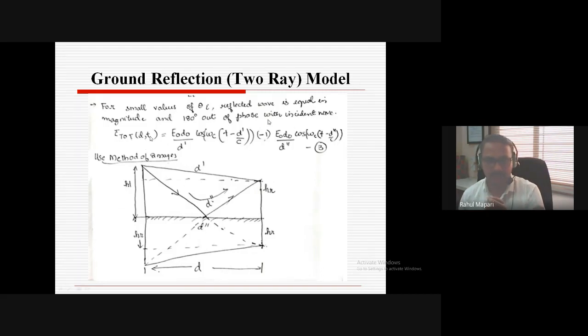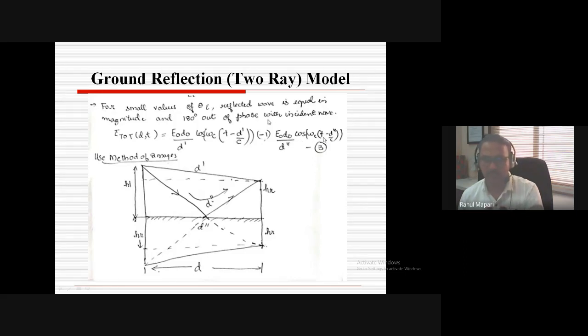This T is replaced by D double dash by C: E0 D0 by D dash cos of omega C, minus 1 E0 D0 by D double dash cos of omega C. What is this T?